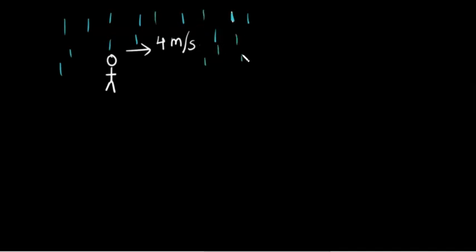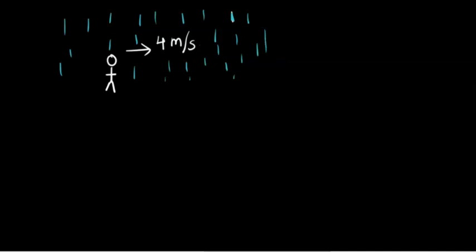A person is moving towards the right direction with a speed of 4 meter per second, suppose. And rain is falling like this, vertically downwards. Rain is not falling at an angle, it is falling directly downwards with a certain speed.